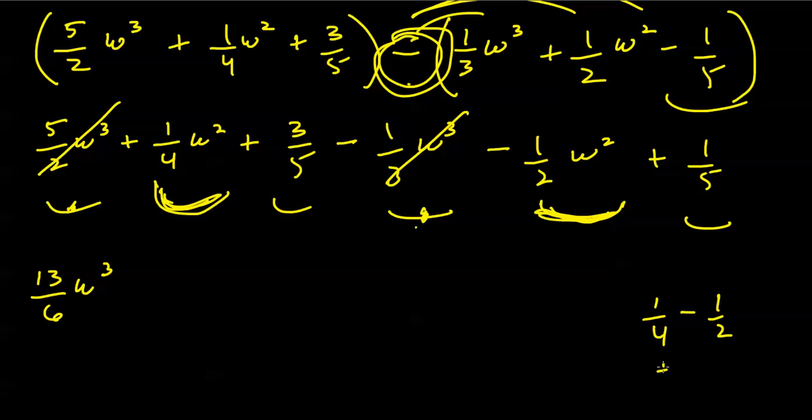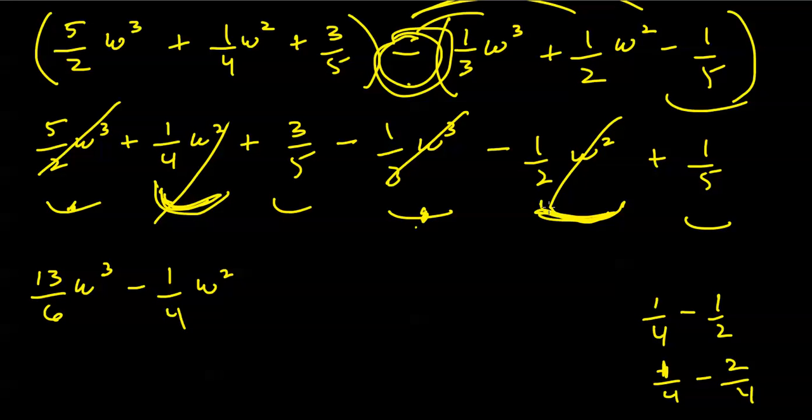Well, of course, I'll need a common denominator, and that's 4. 1/4 minus 2/4, of course, is negative 1/4 times w squared. So that takes care of the w squared terms. And then 3/5 plus 1/5 is, of course, 4/5.